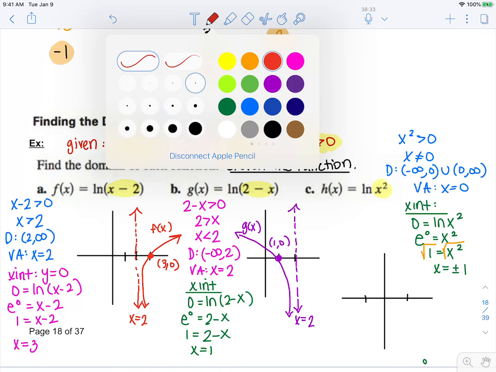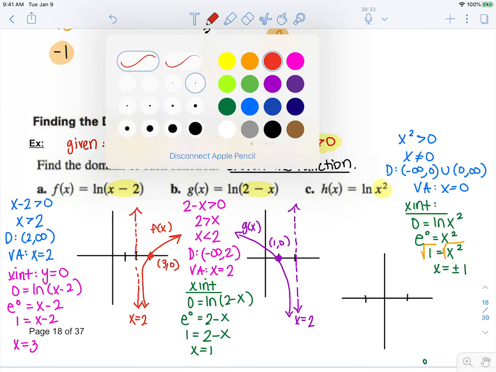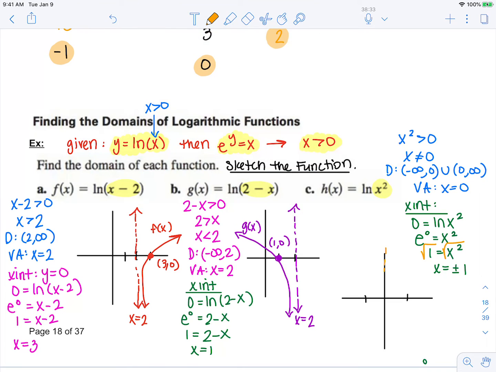The first thing I'm going to sketch is my vertical asymptote here at x equals 0. And I know I have two x-intercepts, one at (1, 0) and one at (negative 1, 0). So now this log function has two parts of its curve.